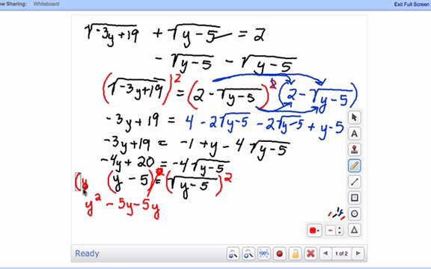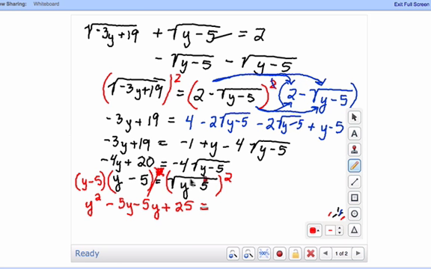Sorry, maybe I should have done this. Remember, it means we have two of them. So if we cross that out, y times y is y squared, y times a negative 5 is a negative 5y. And then we do the same thing over here. Negative 5 times y is a negative 5y. Negative 5 times negative 5 is a positive 25. Just don't want to skip too many steps there.